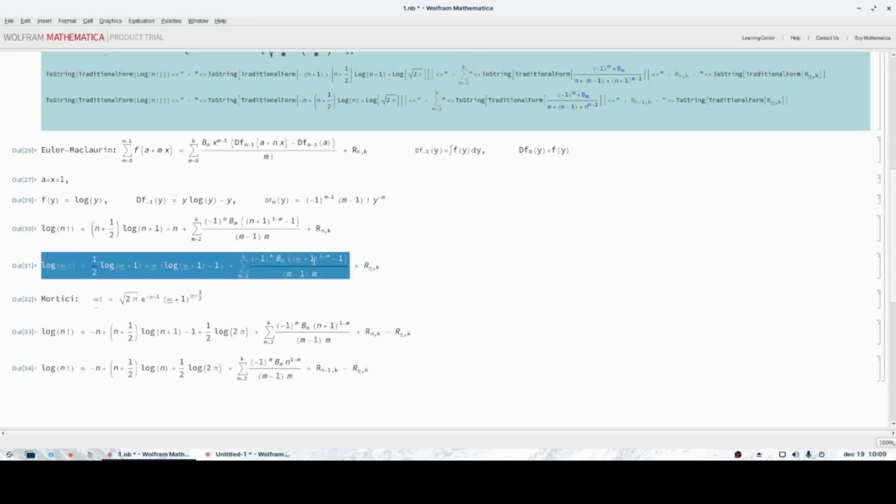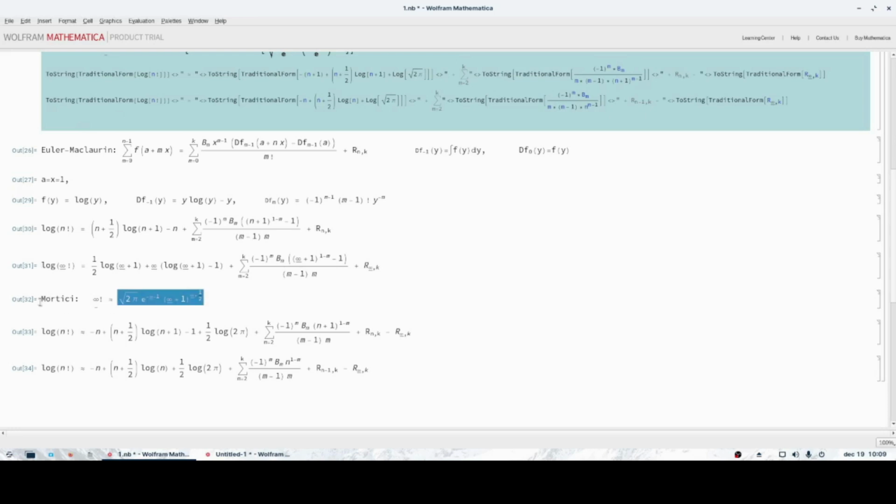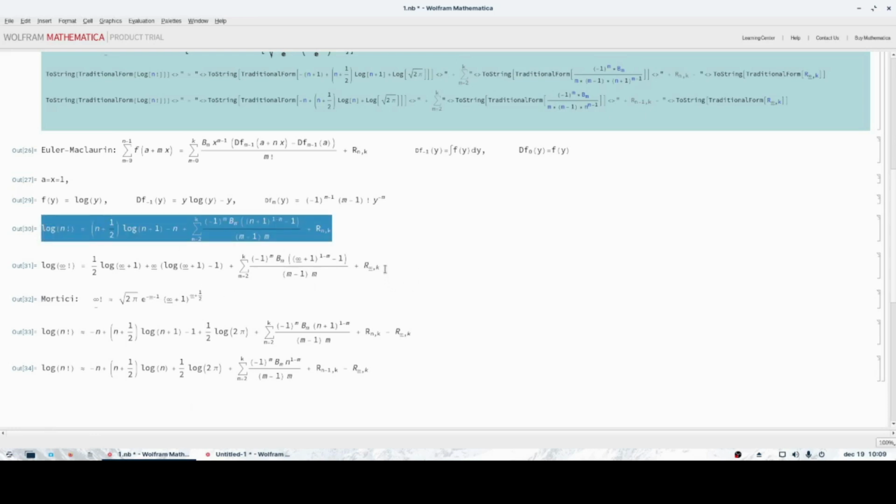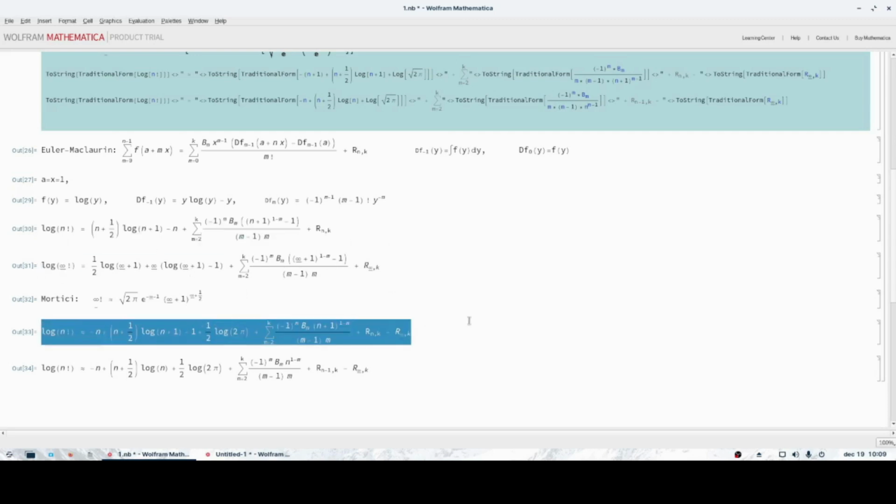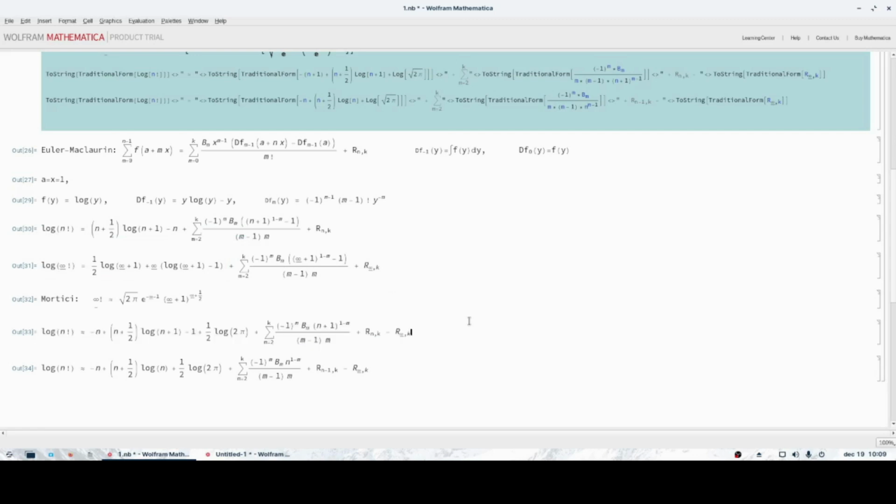In that case, using this Stirling formula, or better this Mortici's formula, as seen in the documentation, we can subtract these two lines and this result will remain, as you can see.